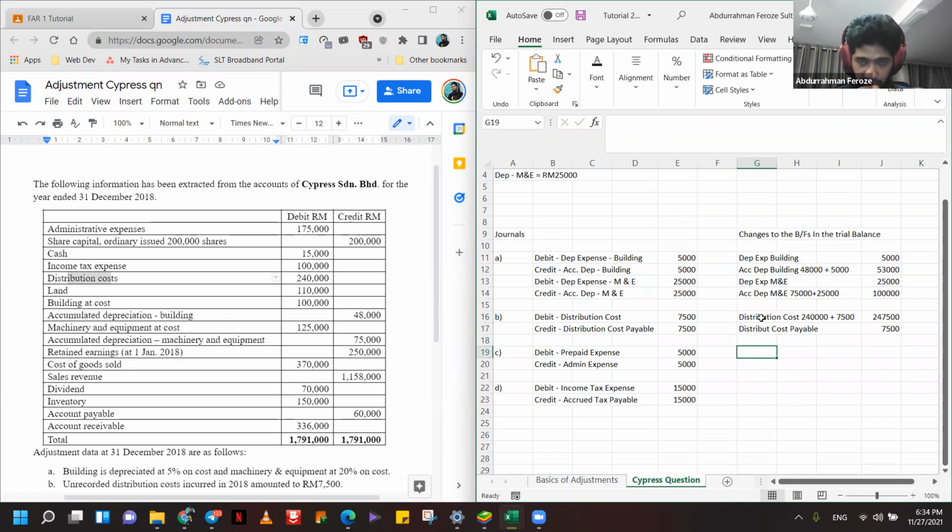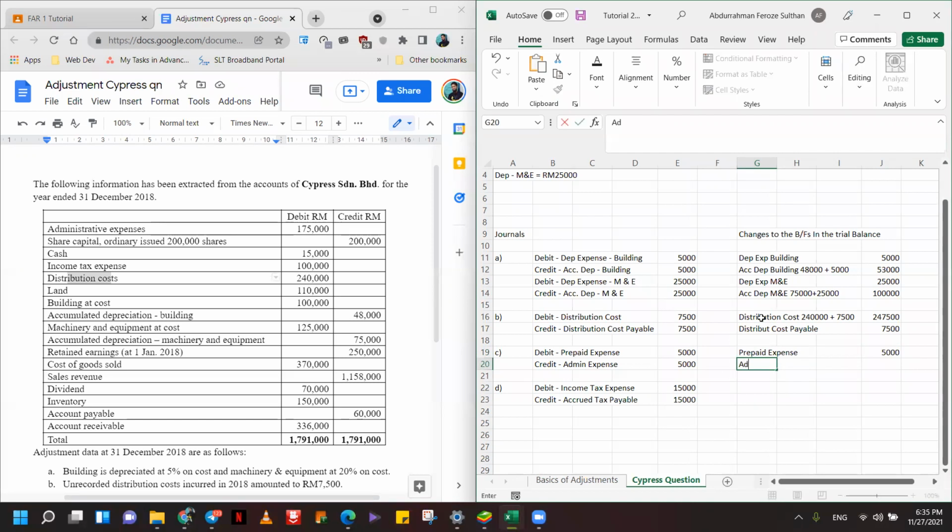And then here, what are the changes required in the trial balance? The prepaid expense, we have to create a new entry, 5,000. And then what is the other change? Administration expense 175,000 plus 5,000?